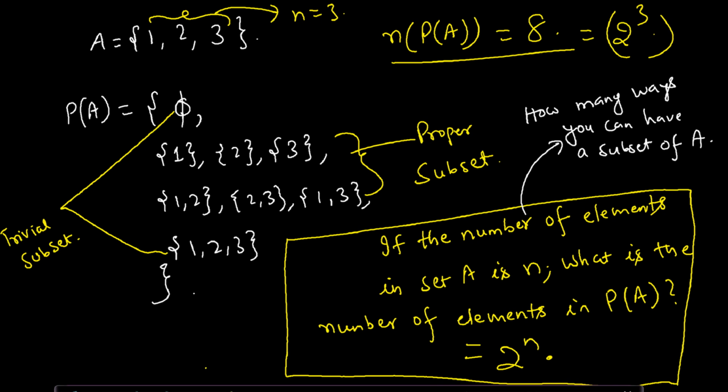Which will give you the number of subsets. Every way will give you one subset, and these subsets are going to be part of the power set. So the question of the number of elements in the power set is actually how many ways you can have a subset.